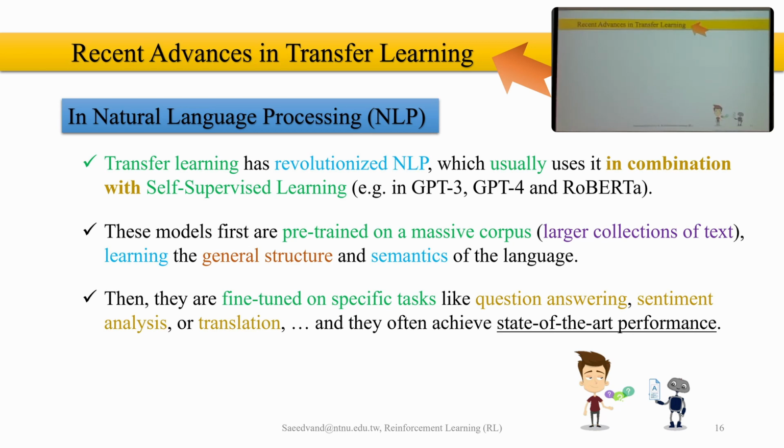Now let's talk about recent advances of transfer learning. First of all, in natural language processing, or NLP, as I mentioned to you, transfer learning revolutionized NLP, and usually they have used both self-supervised learning and transfer learning together to achieve the performance that they have nowadays.